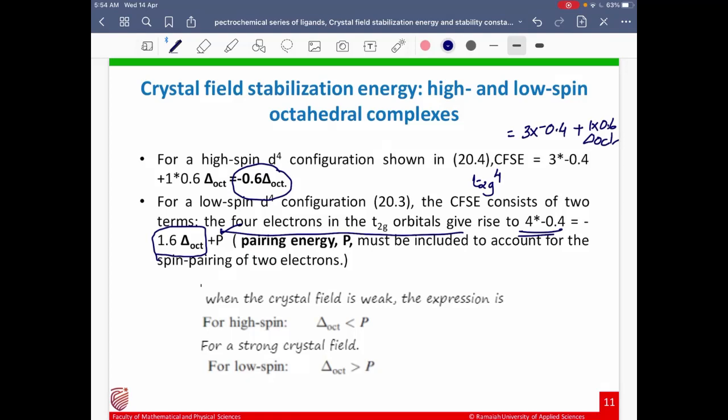We studied pairing energy, and the reason behind it. So in this case, for d4 configuration, the CFSE will be 4 into minus 0.4, that is minus 1.6 delta octahedral plus P, the pairing energy.